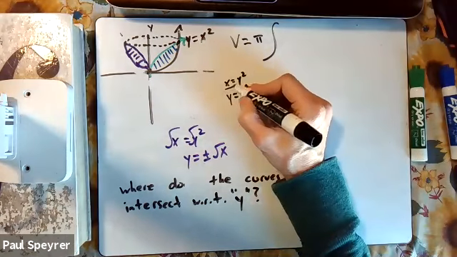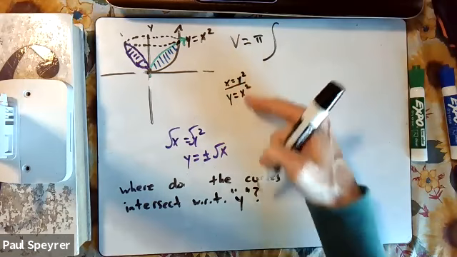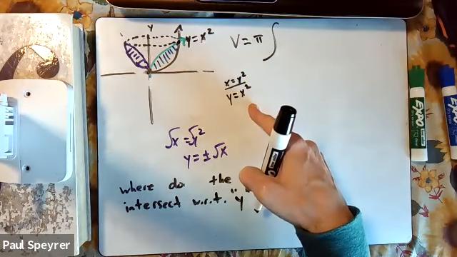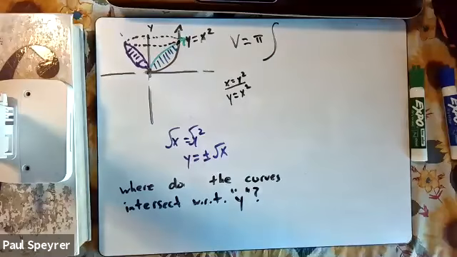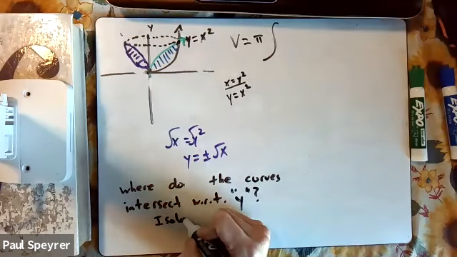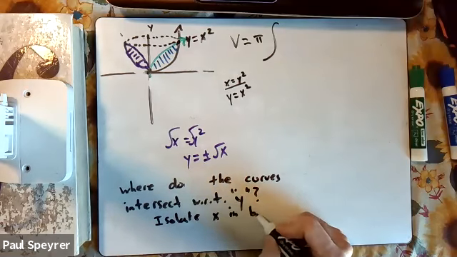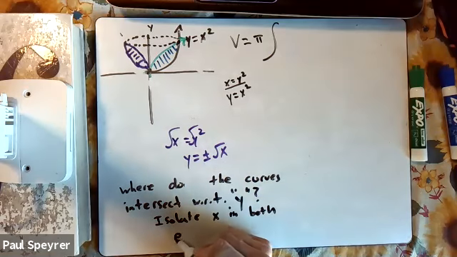Like this one is okay because it's x to the first equals blah, blah, blah. This one is not okay because it is x squared equals y. So we need to isolate x in both equations.